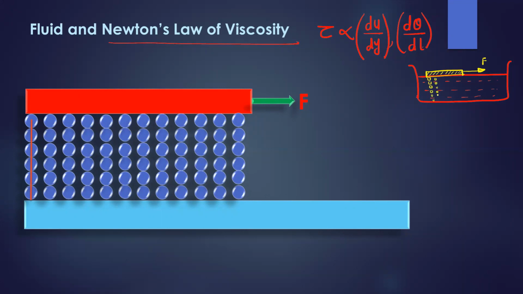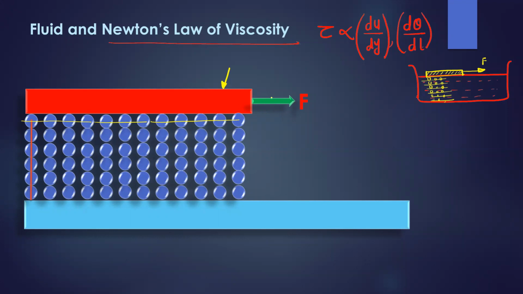You can imagine the liquid has parallel layers. This is the first layer, second layer, and these are the fluid particles in each layer. All these layers are in contact with each other. This first layer is in contact with this plate.